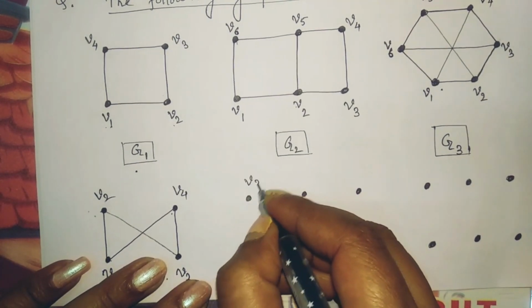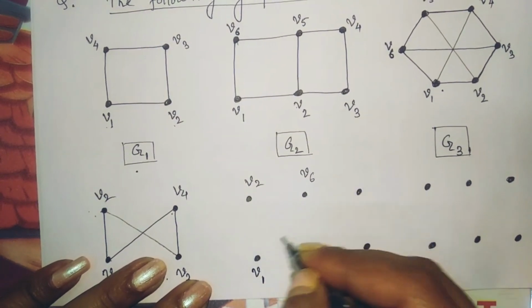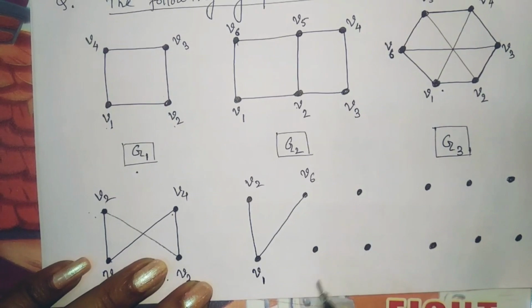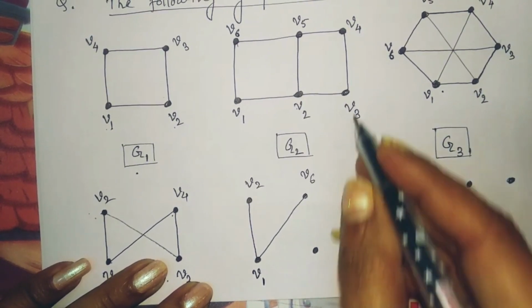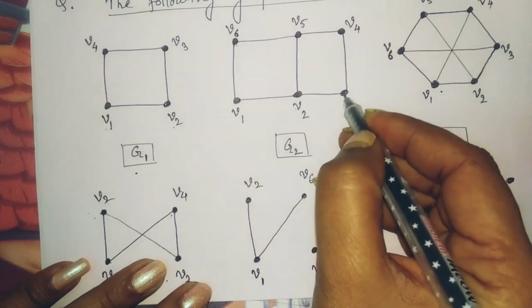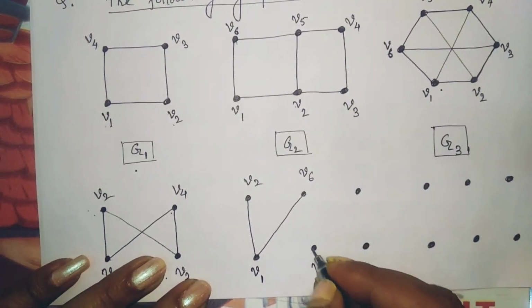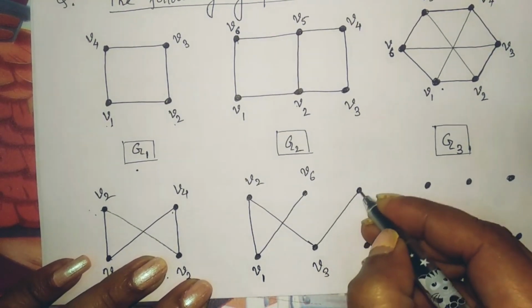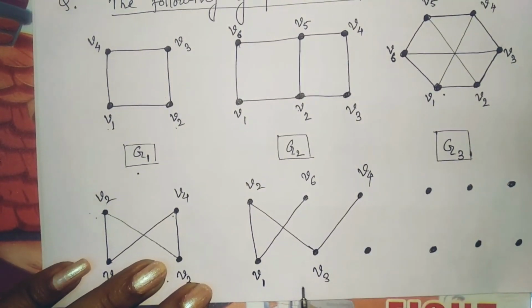We can say this is v2 and this one is our v6. Now v3, we can say this one. v3 connects with v2 and v4.